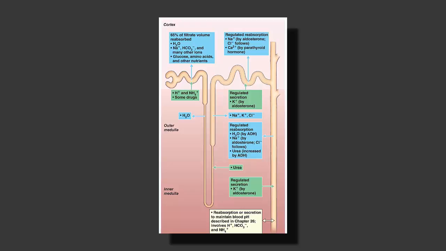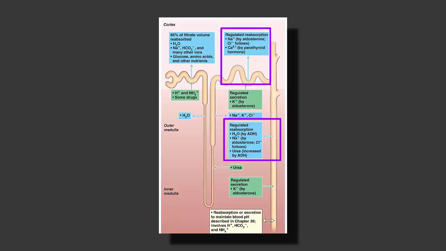Aldosterone targets the distal convoluted tubule and the collecting duct to synthesize more sodium and potassium channels and carrier protein pumps. This causes more sodium to be retained by the body and more potassium to leave in the urine. And there is a one-for-one relationship here. For every sodium that is conserved, there's a potassium lost in the urine.